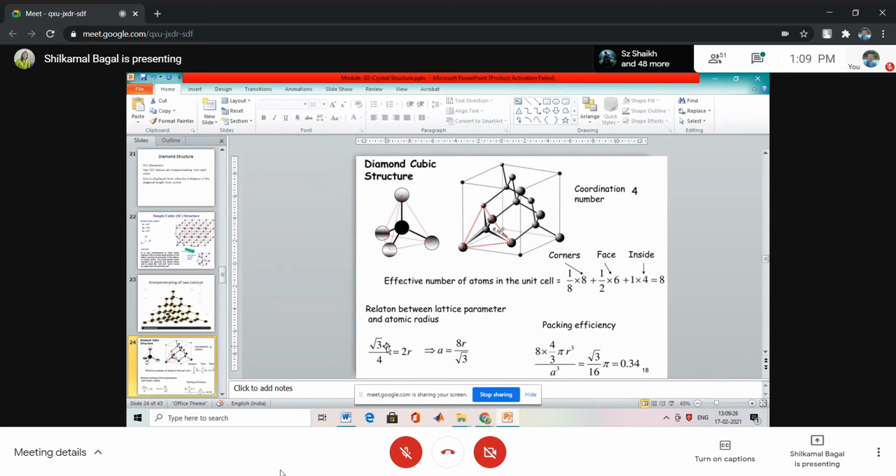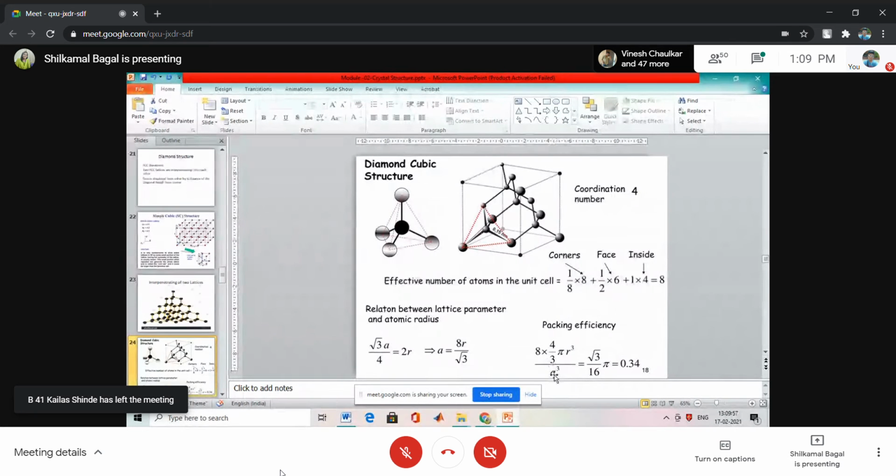So A is equal to 8R by root 3, or R will be A root 3 by 8.